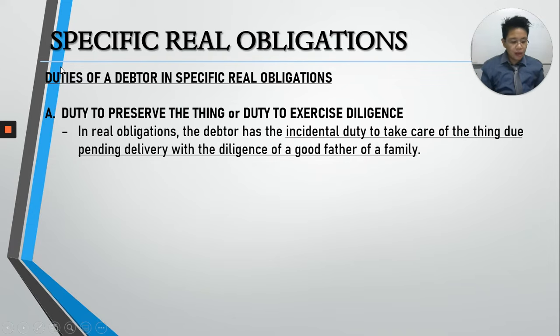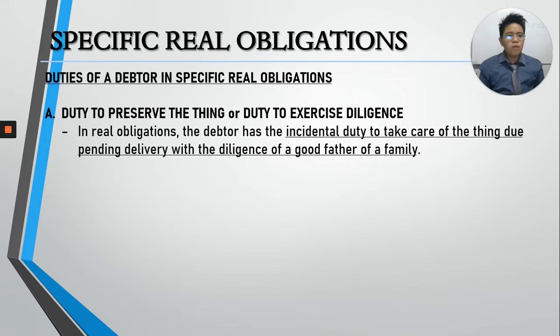So remember yung diligence of a good father of family, sometimes known as your ordinary diligence, is yung diligence na ina-exercise ng average or reasonably prudent person over his own property. So yun ang kailangan na klase ng pag-aalaga na ibibigay natin sa isang specific object pending delivery.